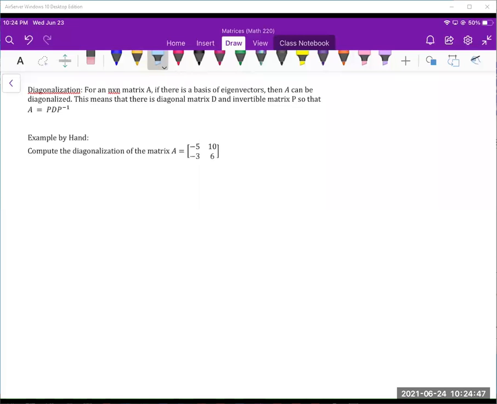Okay, so we've seen in diagonalization that if you have an n by n matrix, if there is a basis of eigenvectors, then A can be diagonalized.